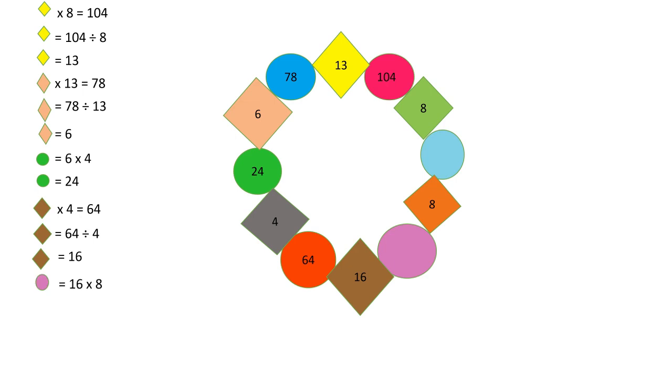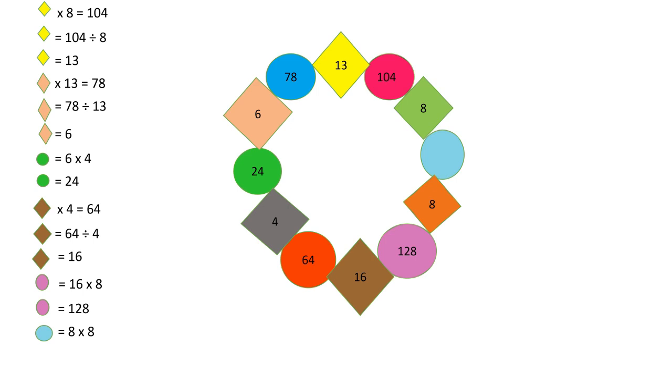Coming to the purple circle, when we multiply 16 and 8, we get its value, that is equal to 128. 16 into 8 is 128. Now the light blue circle is there.